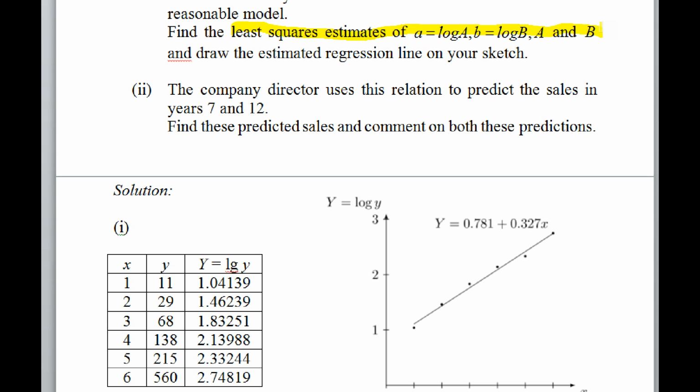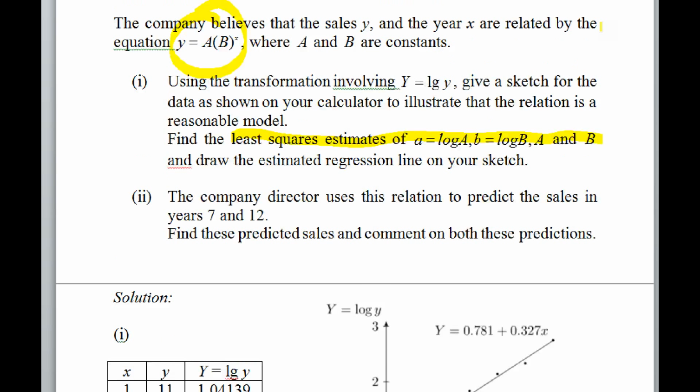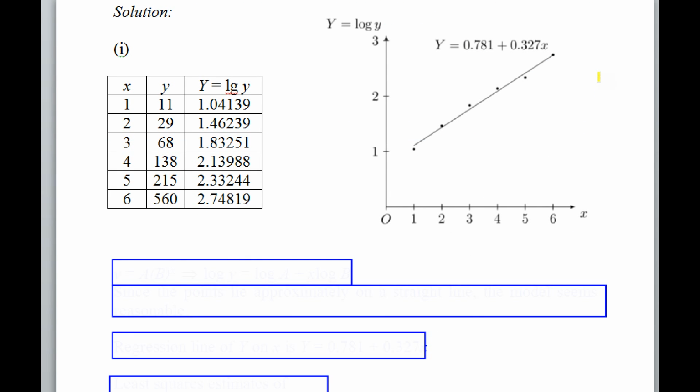Now, how do we do it? If you take a look at the initial relationship, your suspicion, y equals a times b to the power x, you will do some manipulation. If you take log on both sides and apply the laws of logarithm, this is what you get.